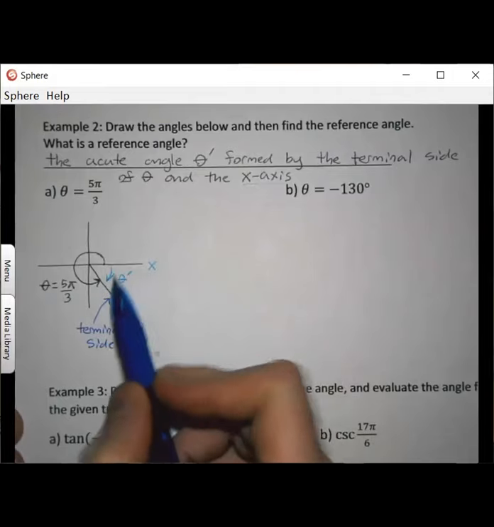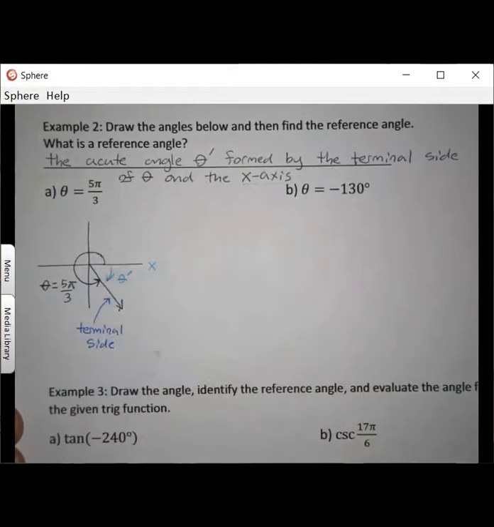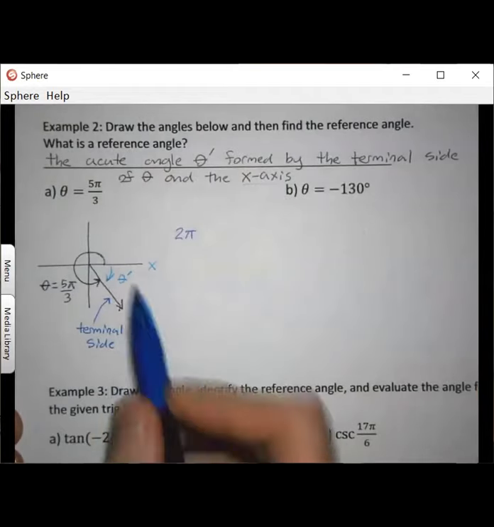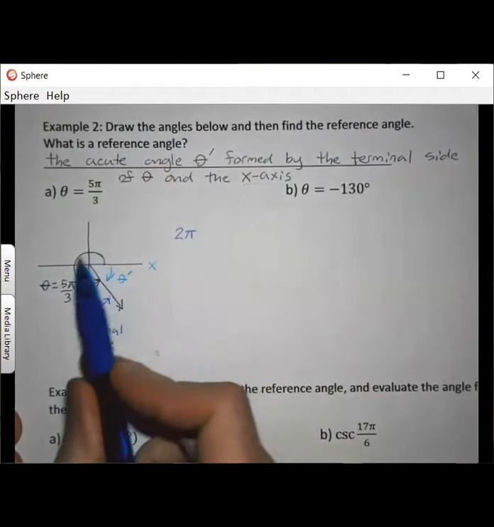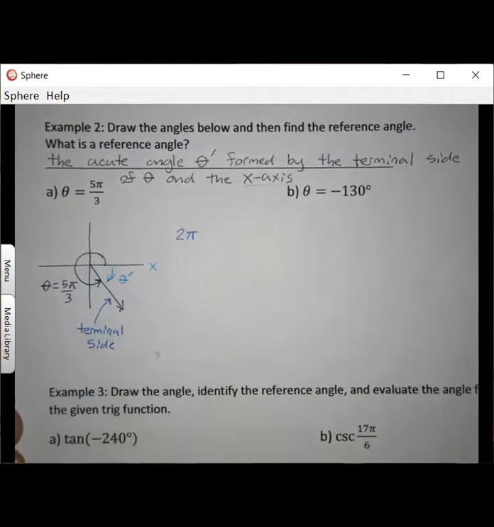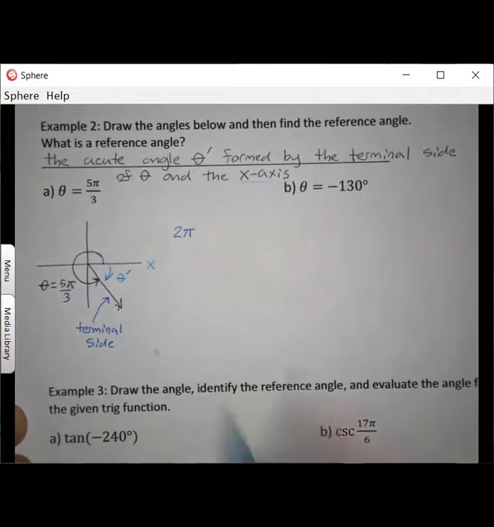Now, the way we can find it in this case, well, a full circle is 2 pi. If I take away 5 pi over 3, I'll be left with my reference angle.